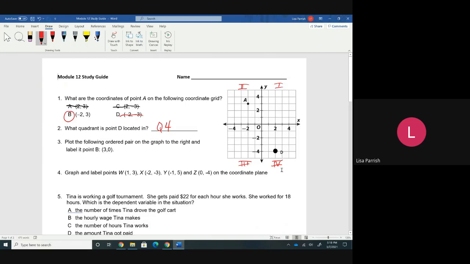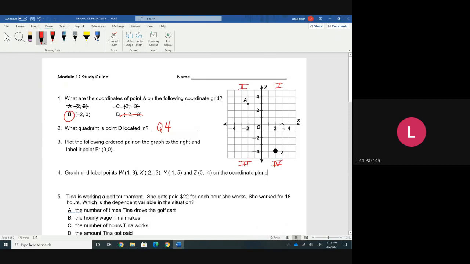Then 3 and 4 want you to plot points. Number 3 says plot the following ordered pair on the graph to the right and label it point B. Remember, you start at the origin in the center, and the first number is 3. Remember, we dribble then shoot. If I'm going to +3, I would go this way.